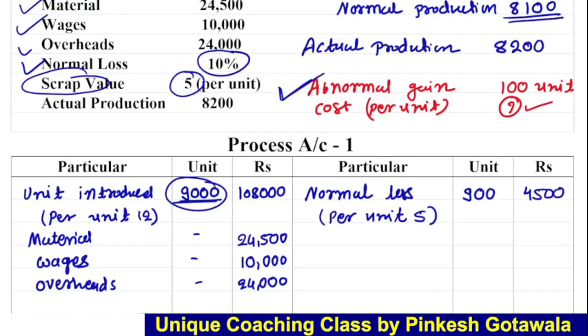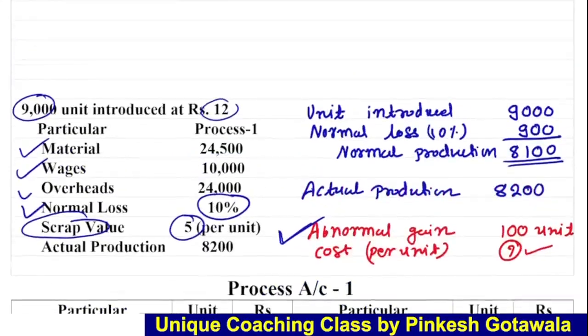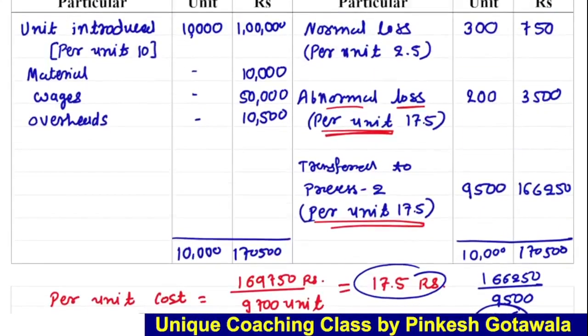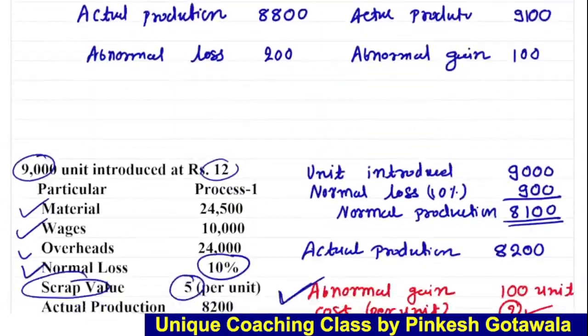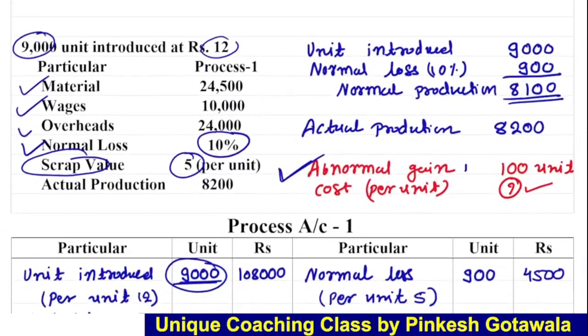Think practically. Abnormal loss effect we give credit side, right? Normal loss, abnormal loss, both will become credit side, right? So there is an abnormal gain, so it will come where? Debit side. Okay, abnormal gain effect we will give on the debit side.